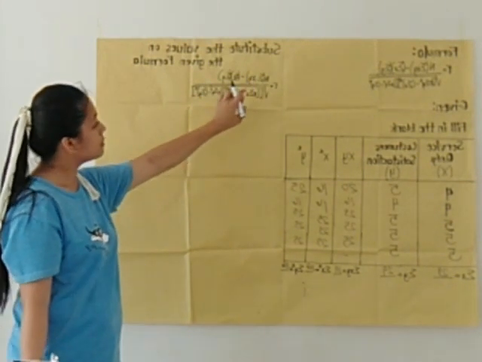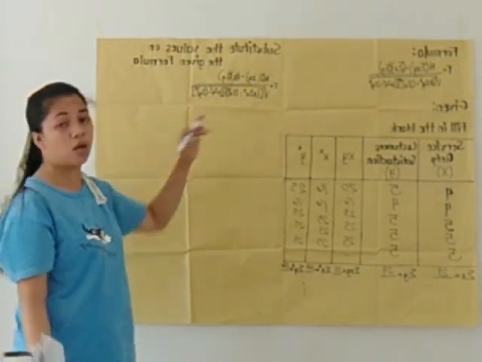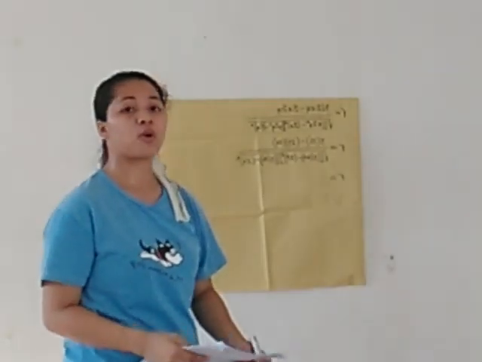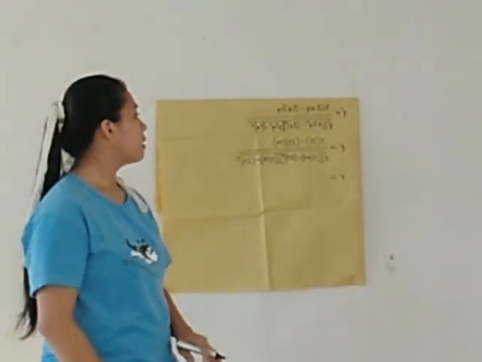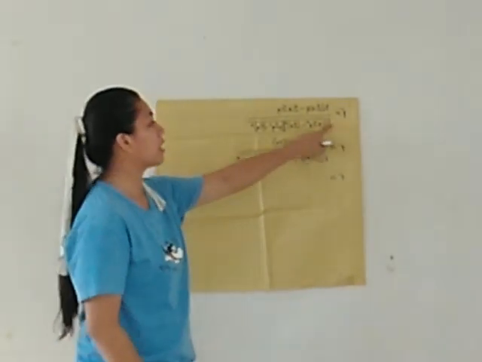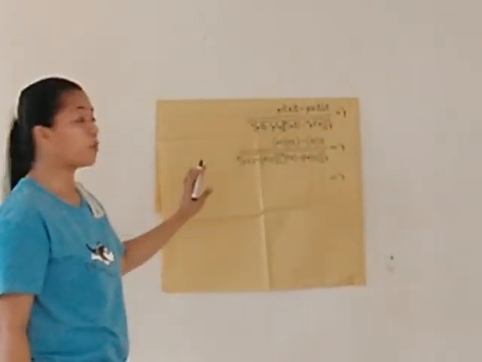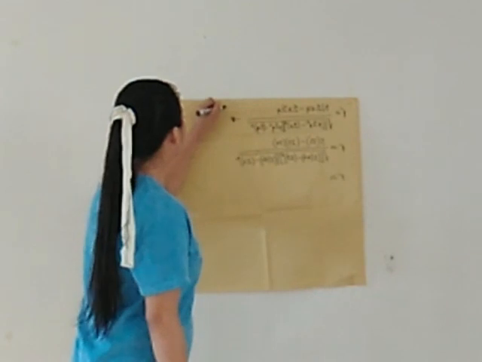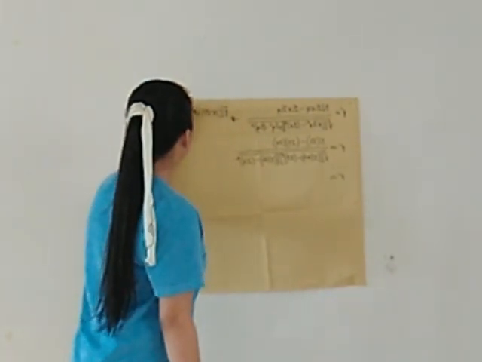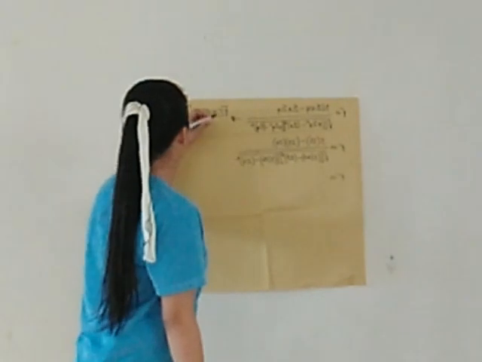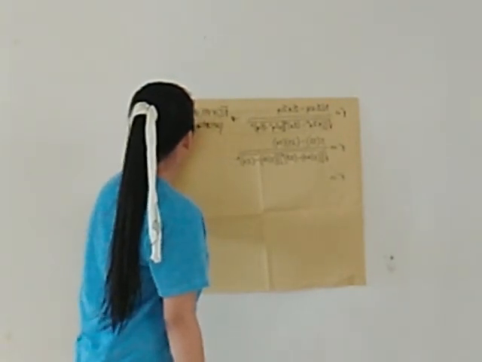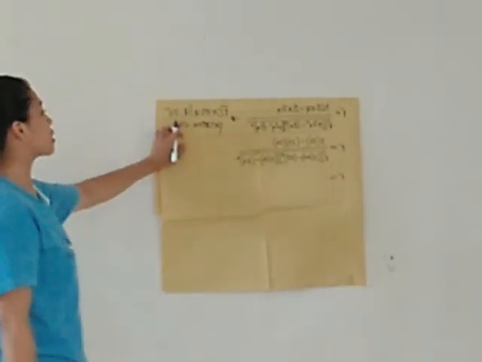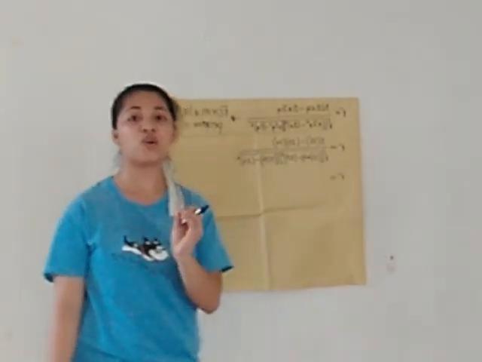We need to change the x's because we already had a value for each of them. If you still remember what I said, we already got all the values of this formula. So this one is the formula of Pearson R. We're going to find out what the value of R is.